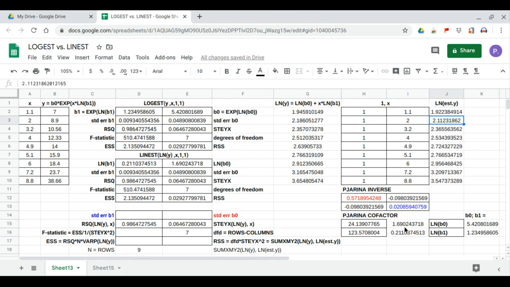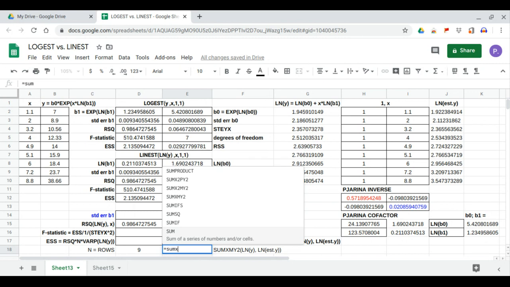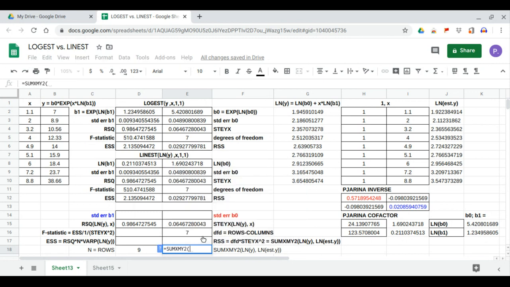Now that we have the ln y hat, the ln estimate, we can now calculate for the residual sum of squares. The formula for that is SUMXMY2, the sum of squares of the differences of ln y and ln y hat. So 0.02927799 matches with our RSS of the LINEST function and the LOGEST function.